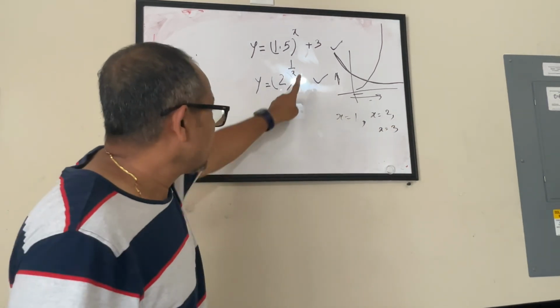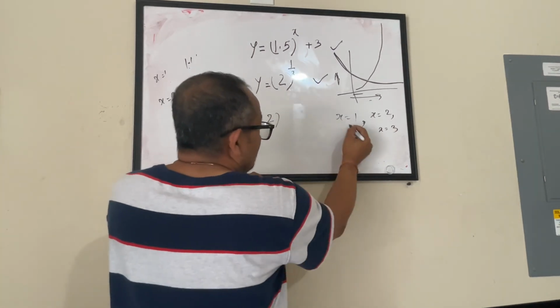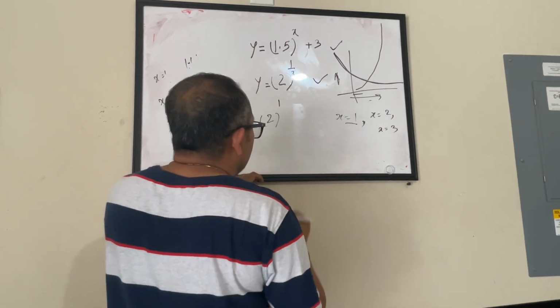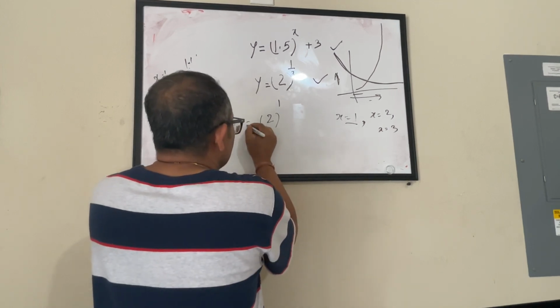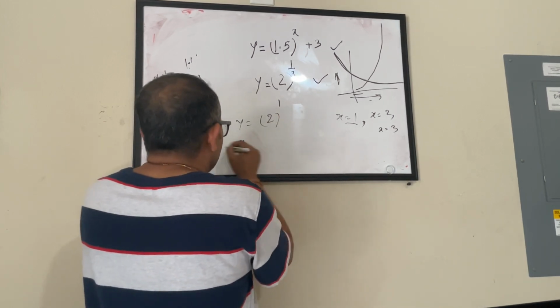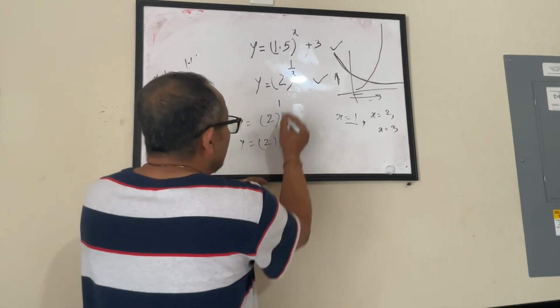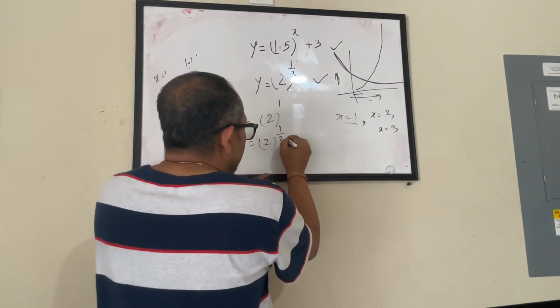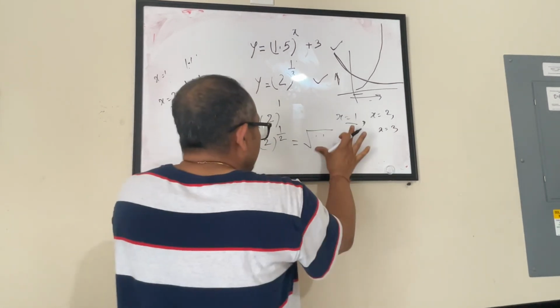What happens? We are talking about 2 to the power x. x equals 1 gives 2 to the power 1. When x equals 2, my value of y becomes 2 to the power 1/2, meaning square root of 2.